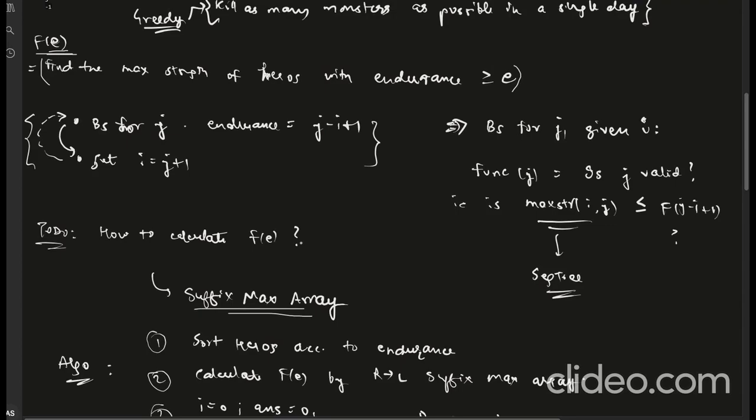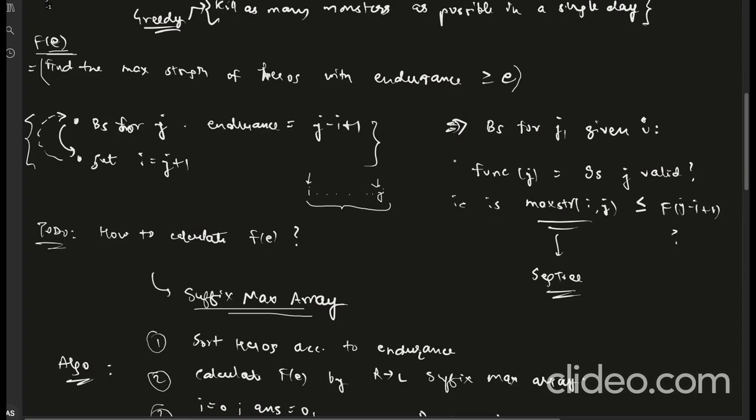The idea is to binary search on the index j, where i is the current index in the monster array and j is the maximum monster level we can reach in the current day, such that there exists a hero with endurance j minus i plus 1 and who has a power greater than the power of all the monsters in the range i to j.